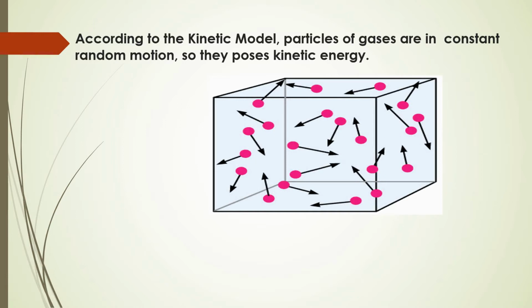So according to the kinetic model, particles of gases are always in constant random motion, which is shown by the arrows. These particles move in all directions, and while doing so they collide with each other as well as with the walls of the container, which we discussed in our earlier class also.